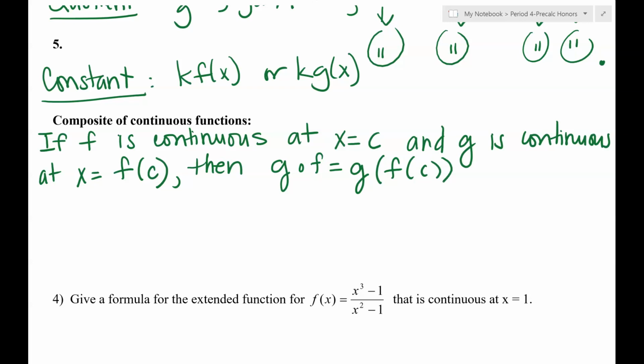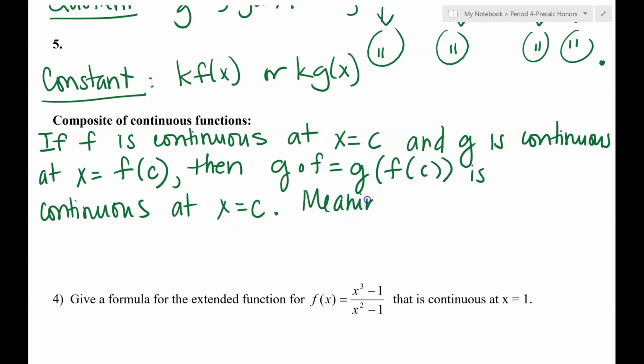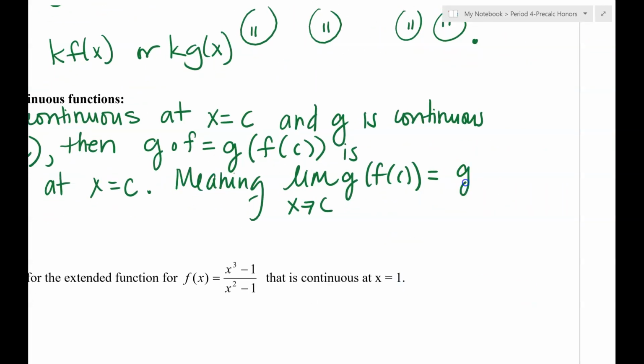Okay. So then f composed with g, which is g of f of c, is continuous at x equals c. In other words, if we take the limit as x approaches c of g of f of c, it should equal the composition of g of f of c.